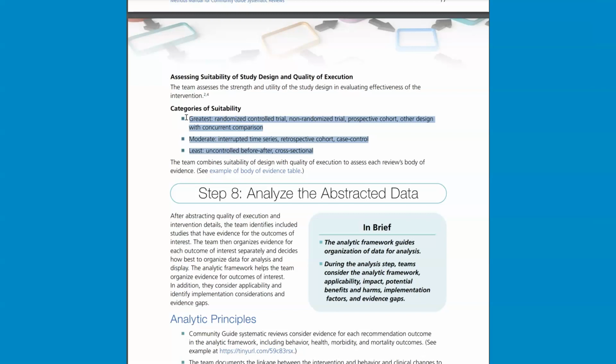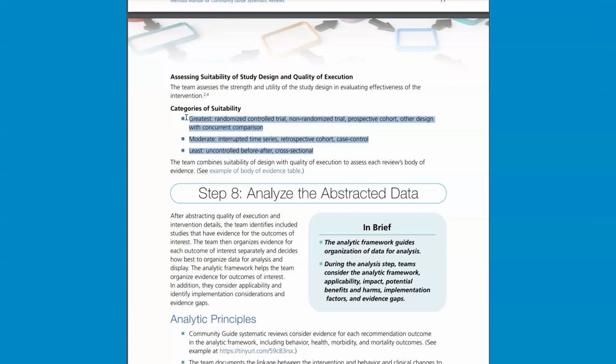And that is that randomized controlled trials and prospective cohort or concurrent comparisons have the greatest suitability of study design and quality of execution in evaluating the effectiveness of interventions.